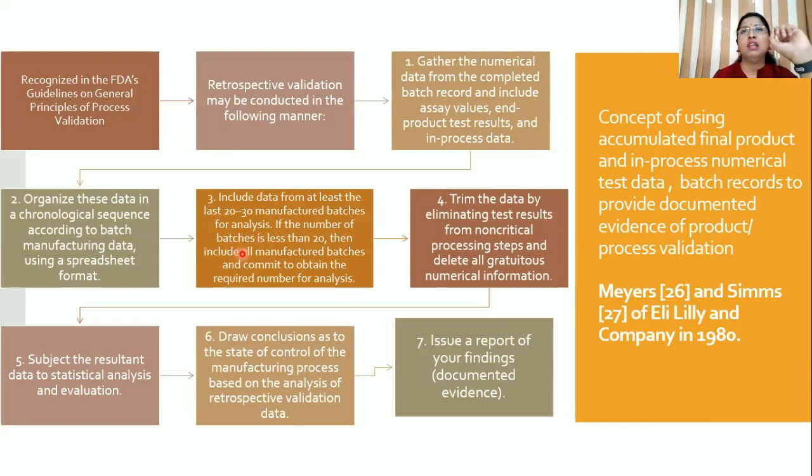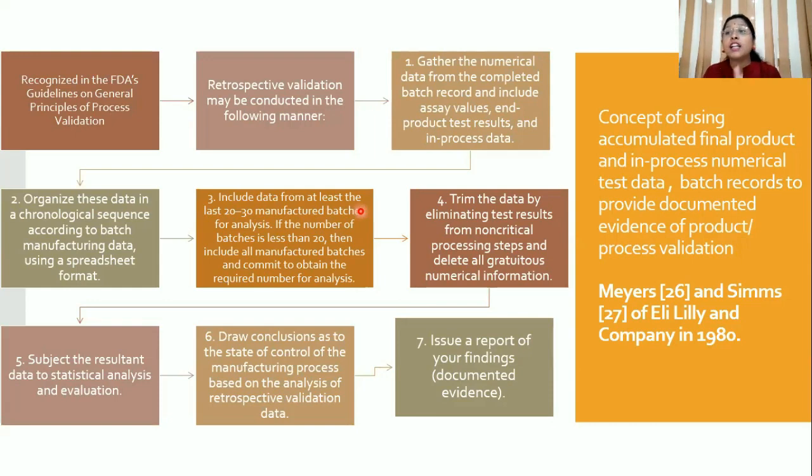This is again one of the favorite questions of industry persons in the viva. If they ask any question on retrospective validation, they will definitely ask how many batches you will select for carrying out the retrospective validation. So give the exact answer as per the references. In subjects like validation, quality assurance, regulatory affairs, and quality control, you cannot claim this is the right answer.